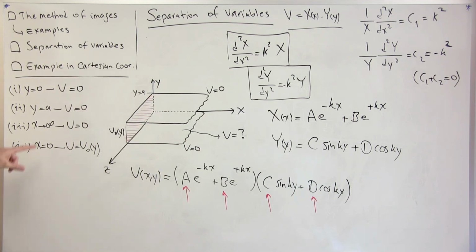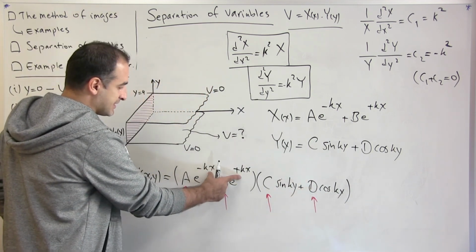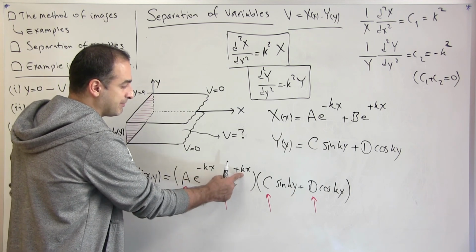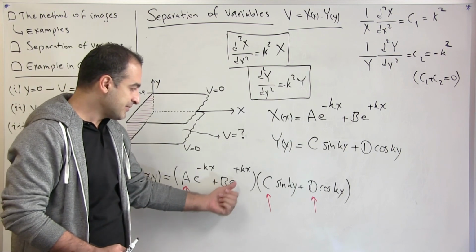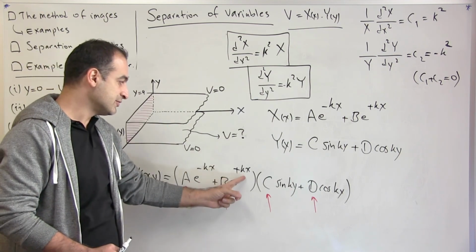I'm going to first look at boundary condition number 3 that says at x at infinity, V must be 0. Now if you look at this equation, we have x dependence here. This is an exponential of minus kx, and this is an exponential of positive kx. This term, B times e to the positive kx, goes to infinity when x goes to infinity.